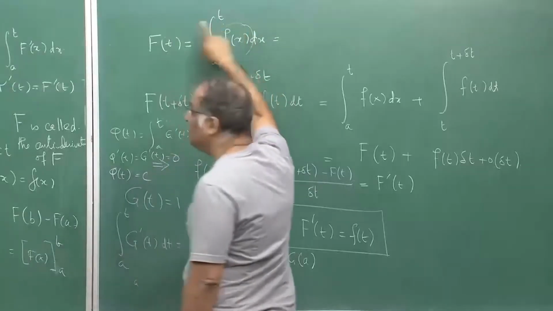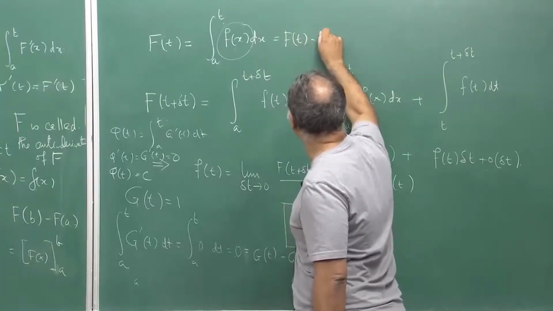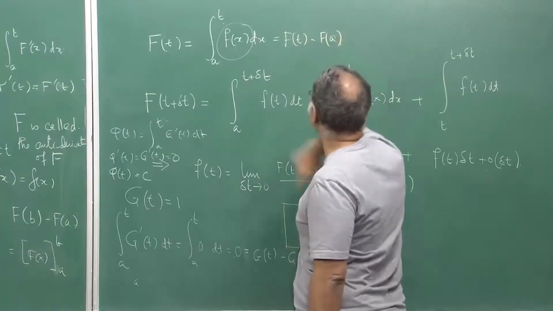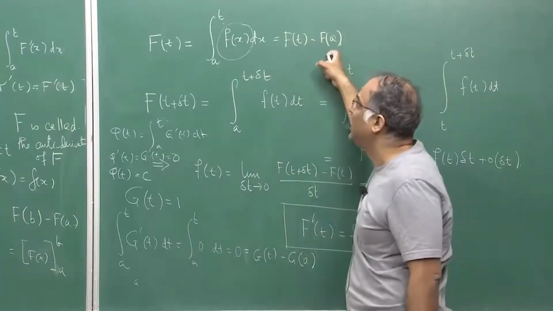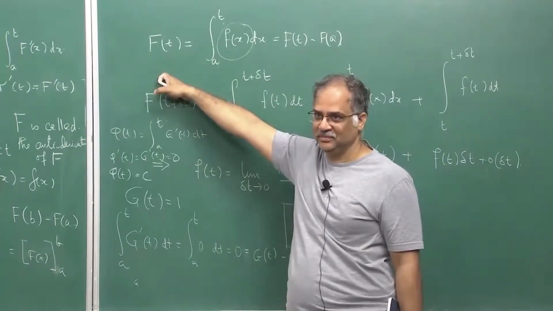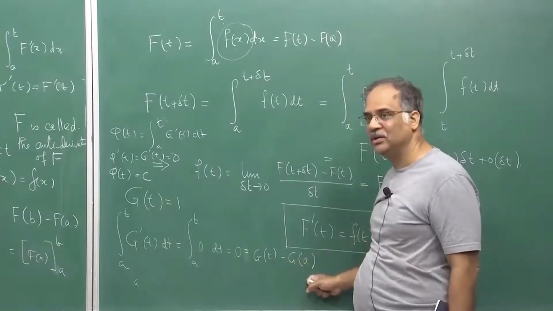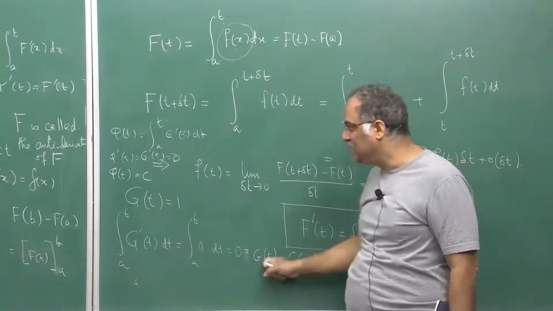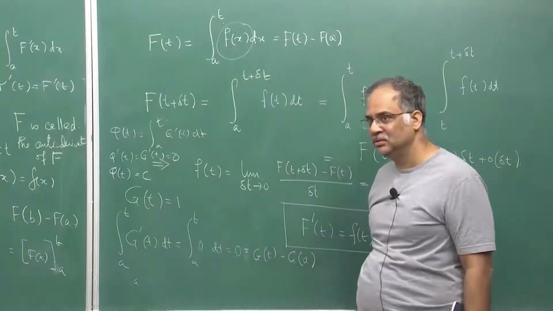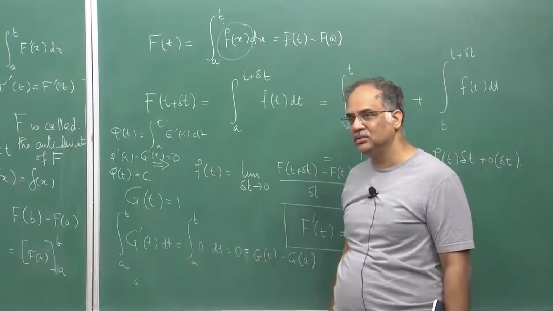F of a here is 0. So this is actually ft minus fa. This is the hidden fact that we have written, and that is why you wonder, what has happened? So why is gt not this? The gt is 1, but here my integral is 0.